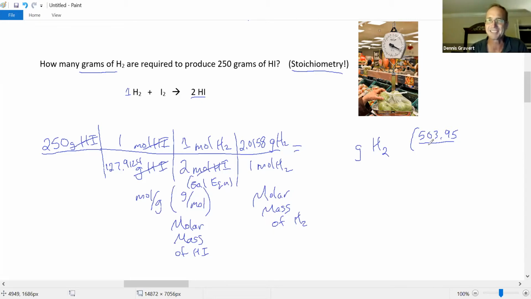Times 1 is itself, right? So that is 255. 127.9 something times 2 is 255.8248. And then divide these two numbers.